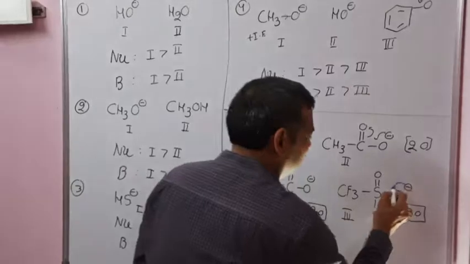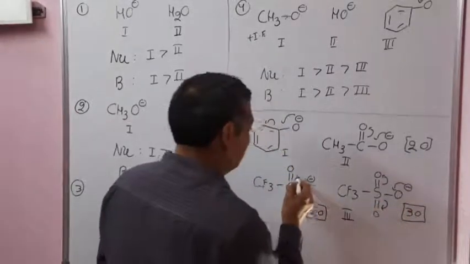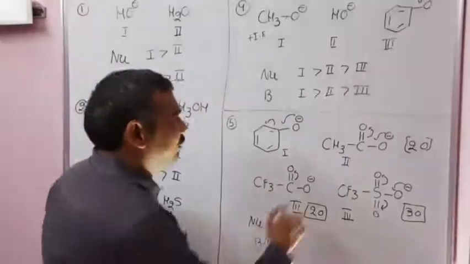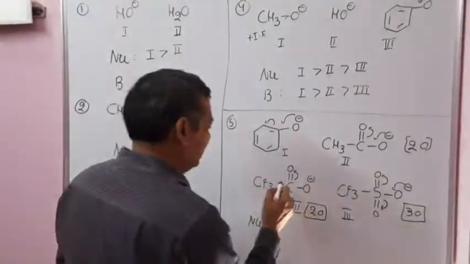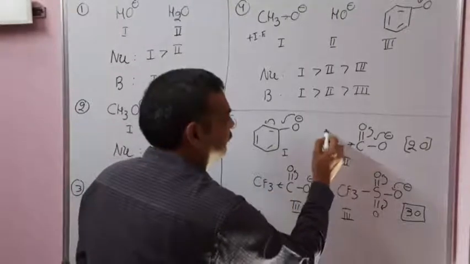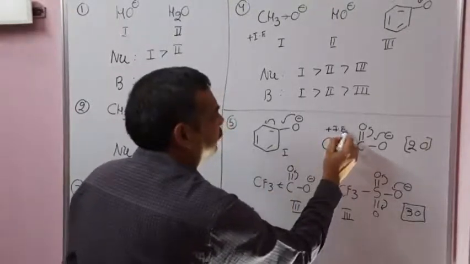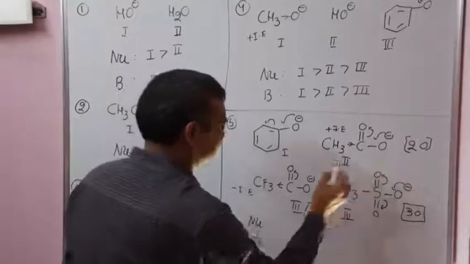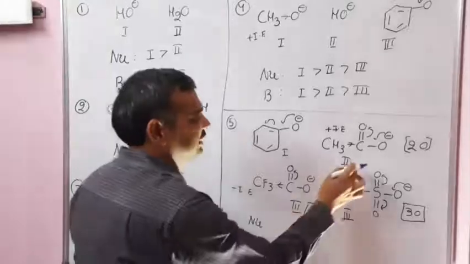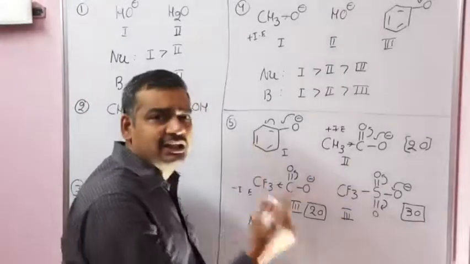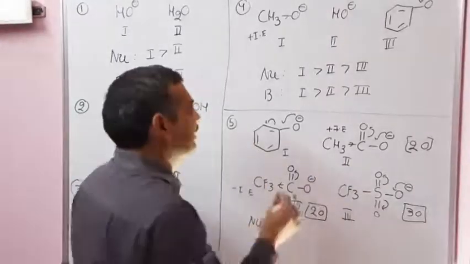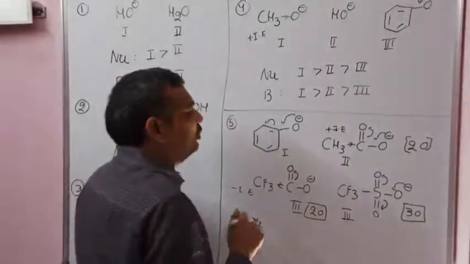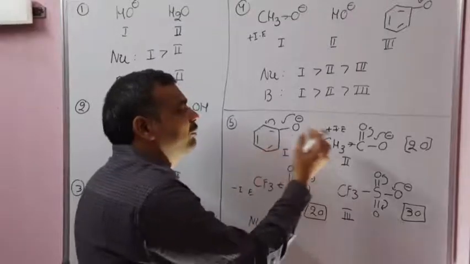See, it is a node in resonance like this, like this, like this. Here also like this, so 3 oxygens are there, least reactive. Among these two oxygen compounds, you can see here plus inductive effect and here minus inductive effect. So here electron density is increased, and there electron density is decreased. That's why this is more reactive than this one in nucleophilicity and basicity. Coming to here, only one oxygen is there, and also phenol, so this is more nucleophilic than that one.